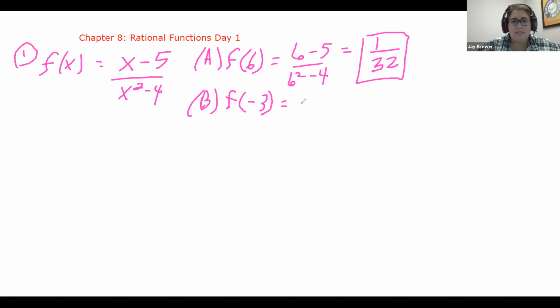Now for the second one, just as easy, we plug in -3 minus 5. In this case, until you get super used to things, I would put the negative value in parentheses so that you do not forget and drop off the negative.